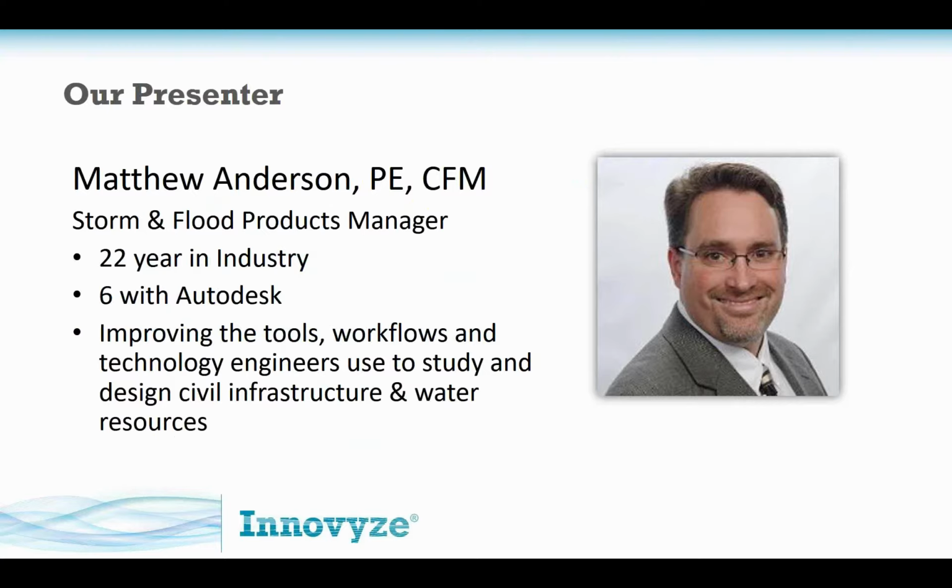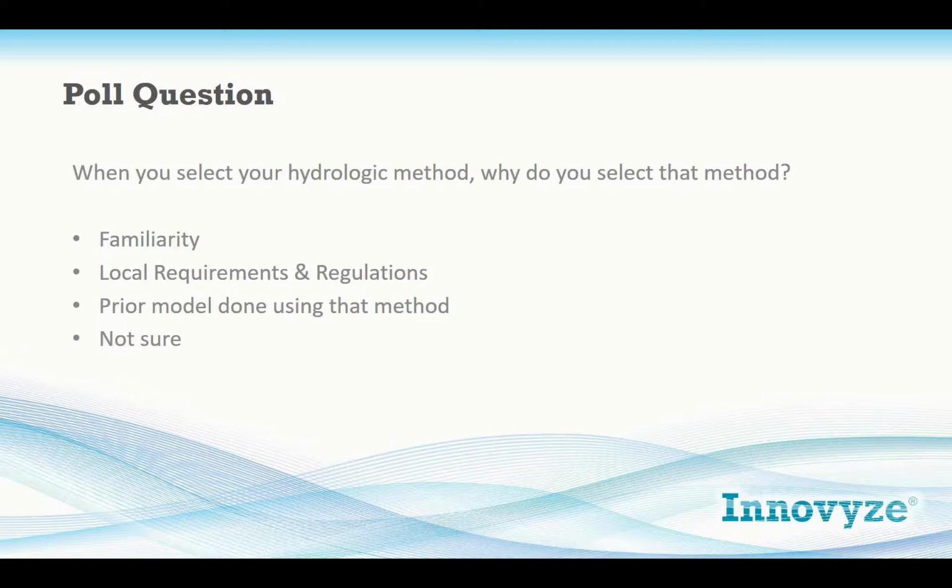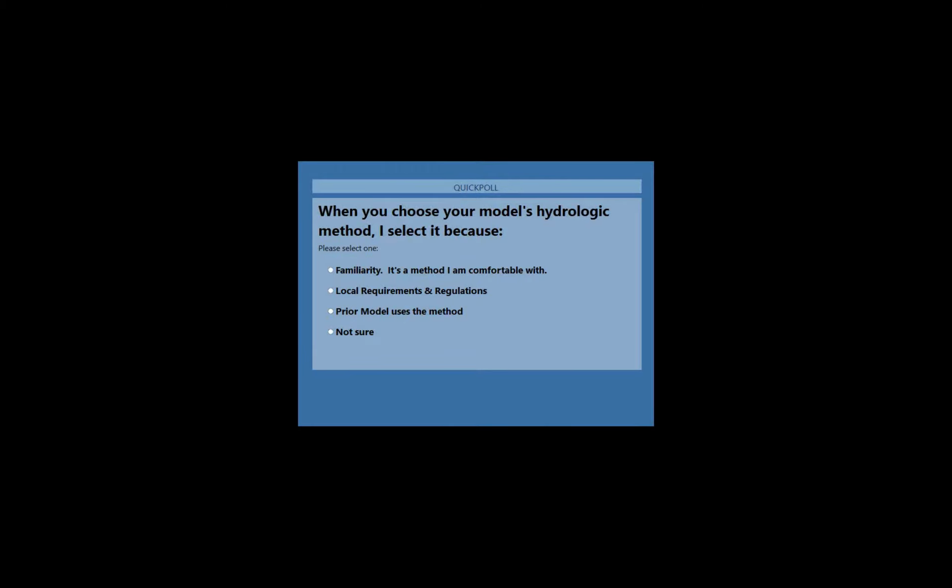Before we get started, I'd like to go ahead and ask everyone a poll question. When you select your hydrologic method, why do you select that method? Is it because you're familiar with that method? Is it because of local requirements and regulations?